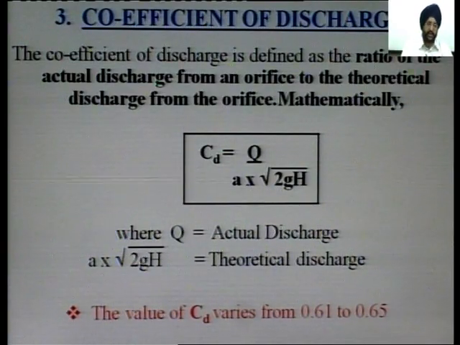Mathematically, again we can write Cd, the coefficient of discharge, as capital Q, the actual discharge, upon small a into under root 2gh, the theoretical discharge, area into velocity. Regarding values, it varies from 0.61 to 0.65.